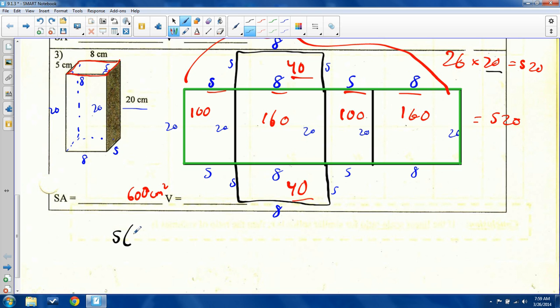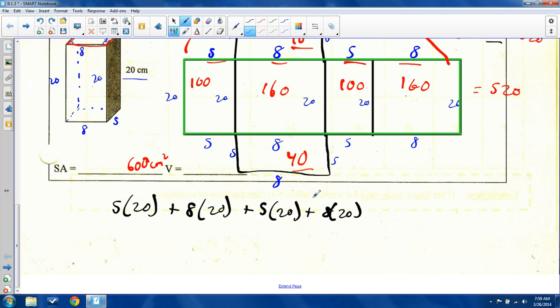We did 5 times 20 plus 8 times 20 plus 5 times 20 plus 8 times 20. Now, before I solve this and actually multiply these out, check out this common factor of 20. What if I factor the 20 out of each term? What's left is 5 plus 8 plus 5 plus 8. So you'll notice, again, this is height.